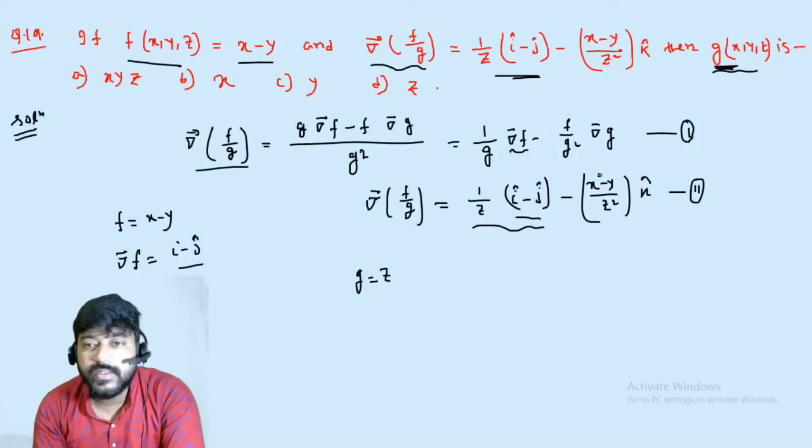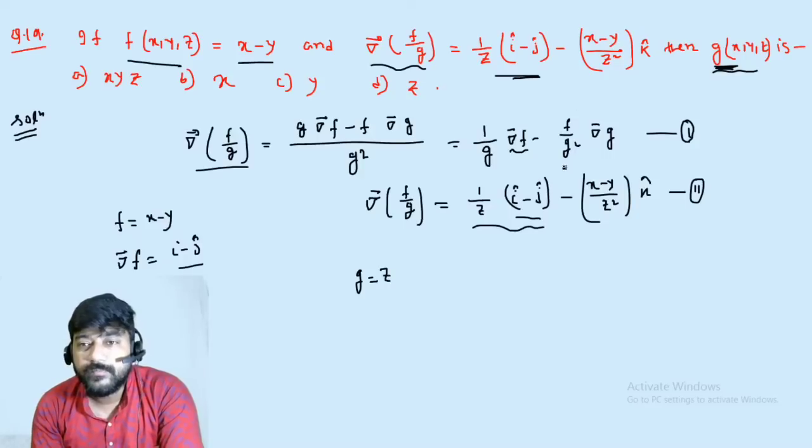Now let me check for the second term also. For the second term, f by g square is (x minus y) by z square, and that is also very well fitted. Instead of z here is g, so g square here is z square, so g is z.